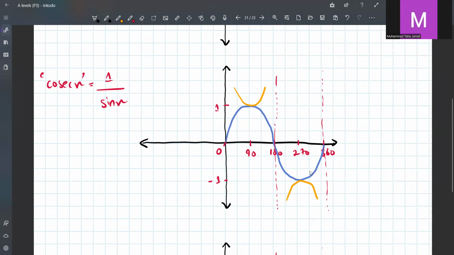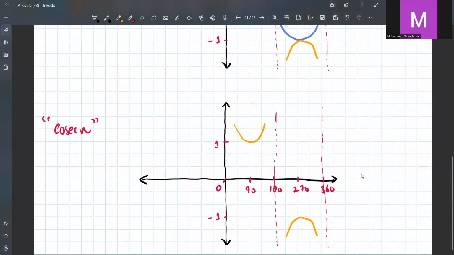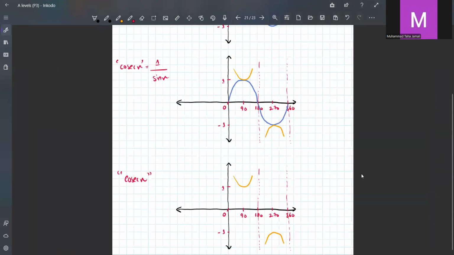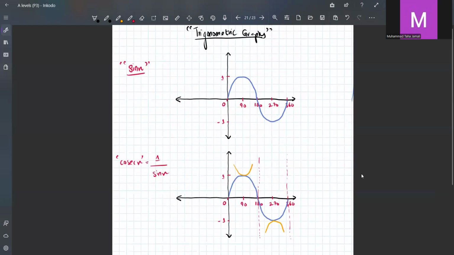Make sure when you draw it, you are mindful of where its lowest point, that is its turning point, is, which is at 90 and 270 degrees and -1 on the y-axis. A final version would look like this. Make sure to draw it and copy it down in your notebooks.